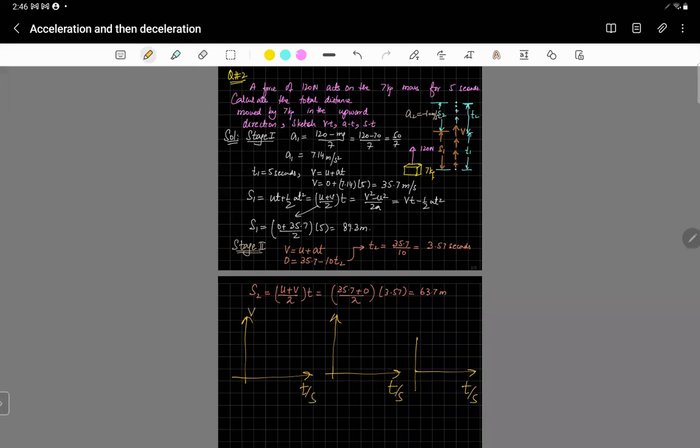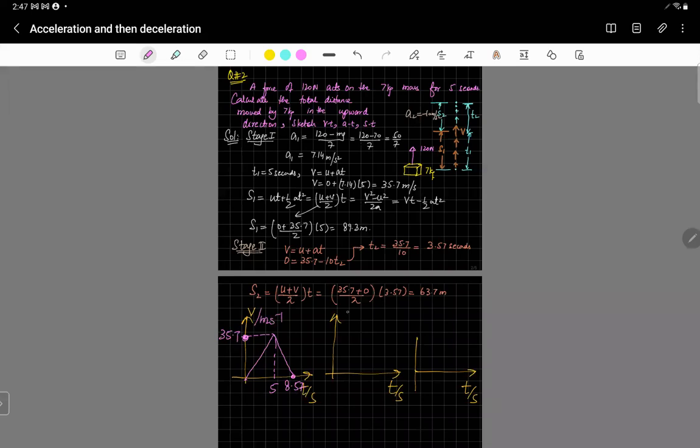The velocity increases in the first 5 seconds and then decreases to 0 at 8.57 seconds. I have added this 3.57 to the 5 seconds to get this value of 8.57. And the final velocity for stage 1, which is the initial velocity for stage 2, is 35.7 meter per second.